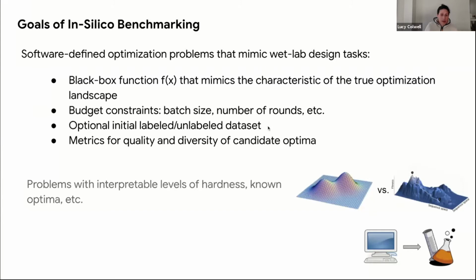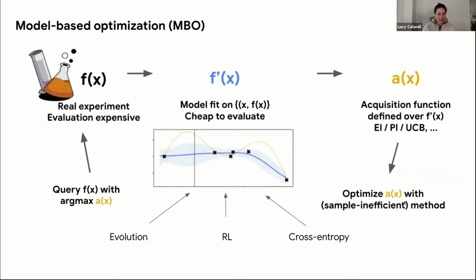We can include initial labeled and unlabeled data sets, and it allows us to really develop metrics for the quality and diversity of the sequences that we find. But there are lots of problems here, like what should our landscape look like? How spiky should it be? All those are questions that we're not even going to pretend to be able to answer.